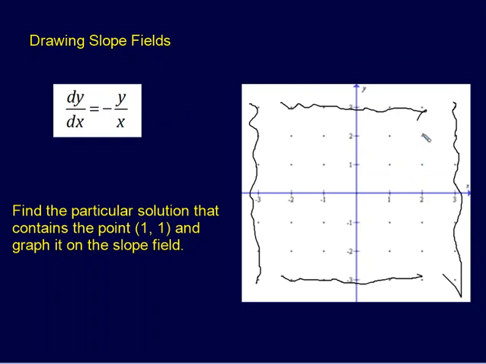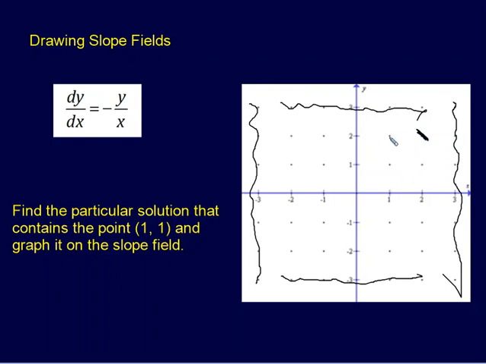If I'm at this point (2, 2), the slope according to the derivative is going to be the negative of 2 divided by 2. 2 over 2 is 1, and the slope would then be -1. If you're on paper, you would maybe take a straight edge and aim it exactly at a slope of -1. I can kind of do that with my pen, aiming for that next dot up there. That's going to be a slope of about -1.